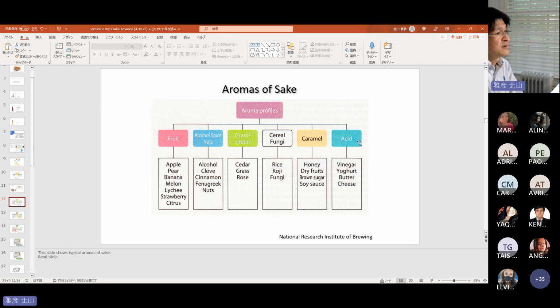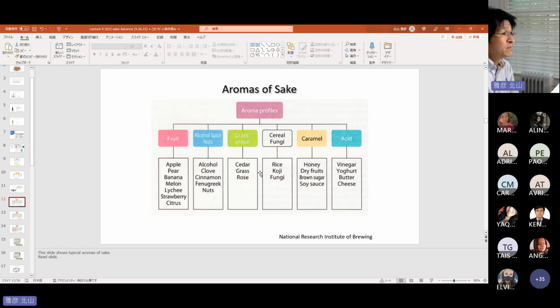Also, we can feel some acidic impressions like vinegar, yogurt, butter, cheese. So this comes from the mother starter, because traditionally people apply lactic acid fermentation to make the starter. So it has yogurt, butter, cheese notes produced by lactic acid bacteria.